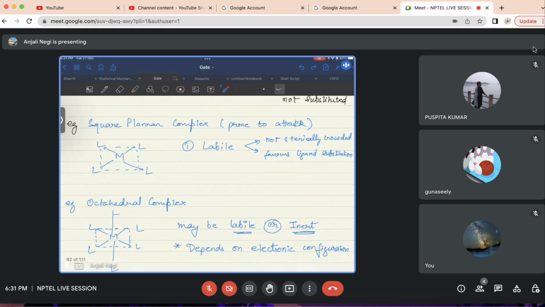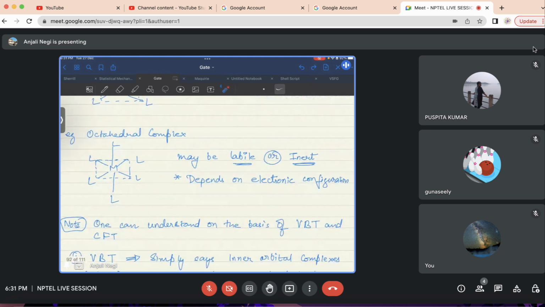That is the square planar complex that we have. If we have a square planar complex, you can imagine that all the ligands are in the same plane, and if another ligand is attacking my metal, it can easily attack from above or below the plane, correct? And it makes the ligand already attached to the metal more labile. Since my square planar complex is not sterically hindered, it is available for attack and favors ligand substitution.